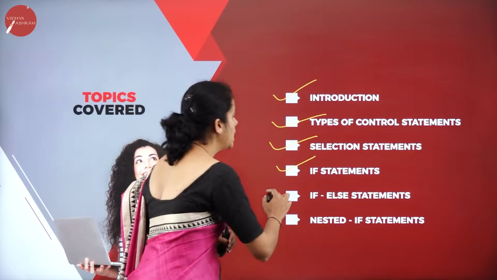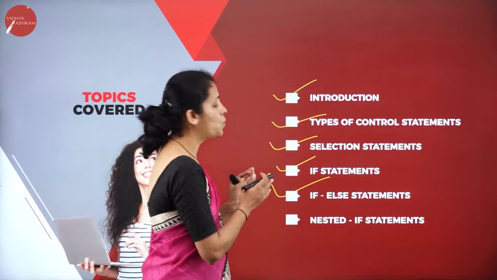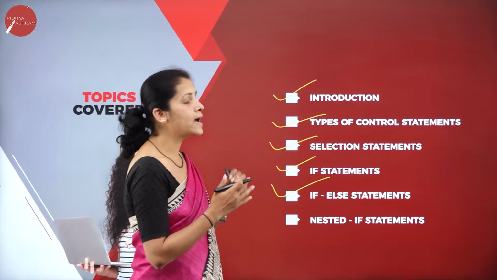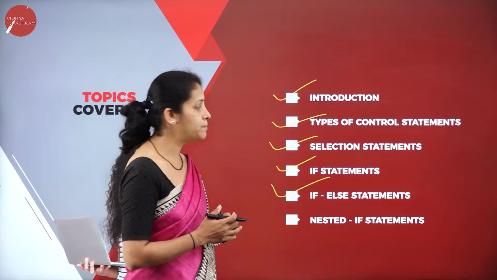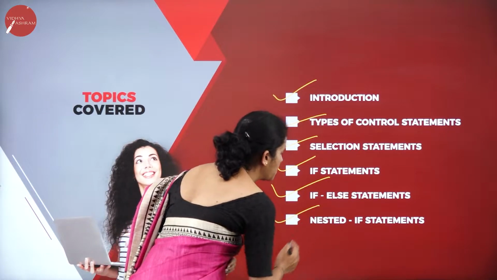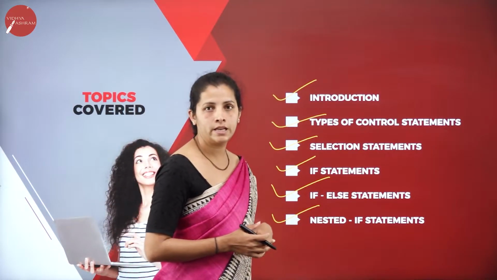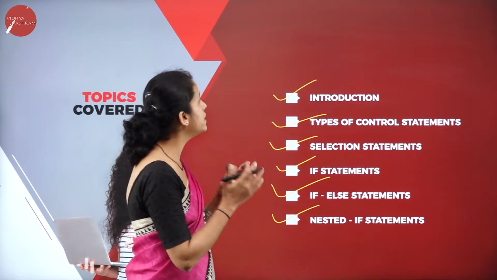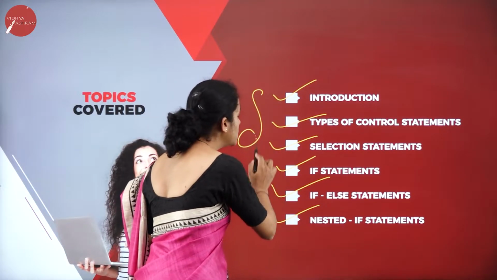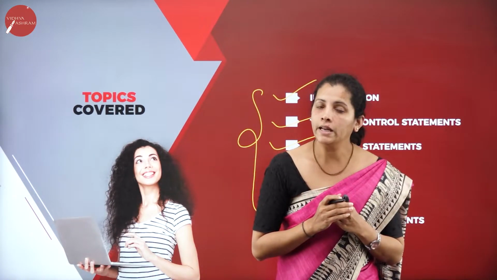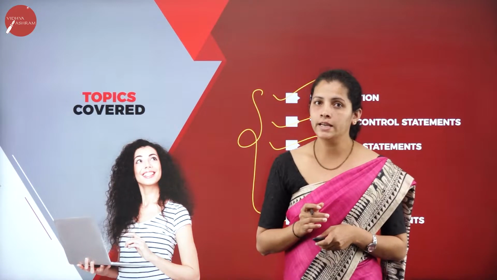Along with that, I'm going to deal with what is the if else statement, along with syntax, flow chart and example. Along with that, I'm going to deal with what is nested if statement. So these are the very important topics which come under our chapter 10, that is control statement.